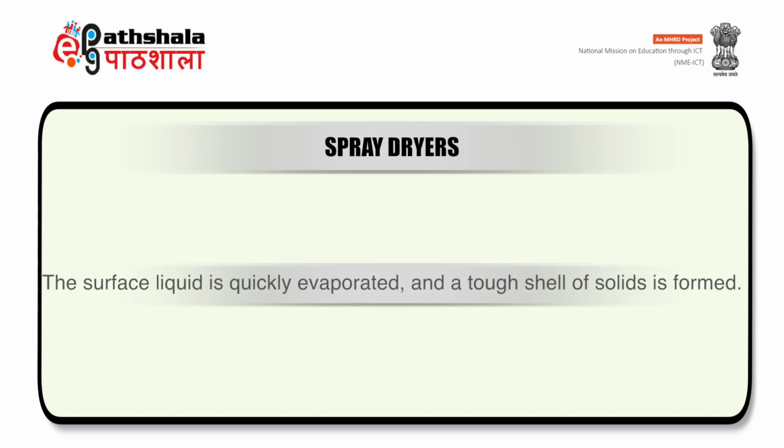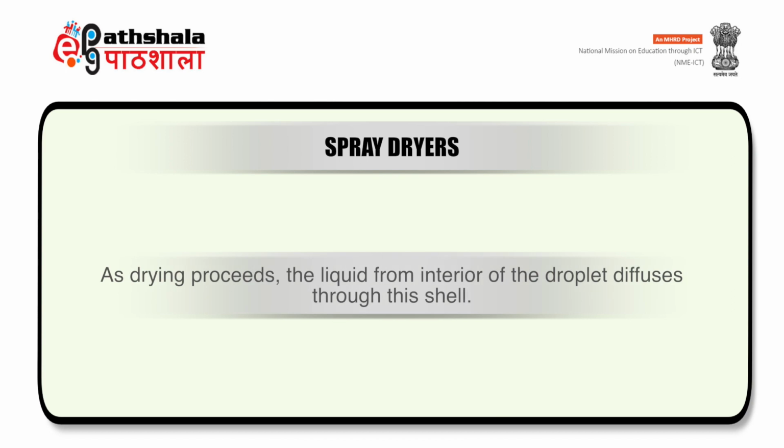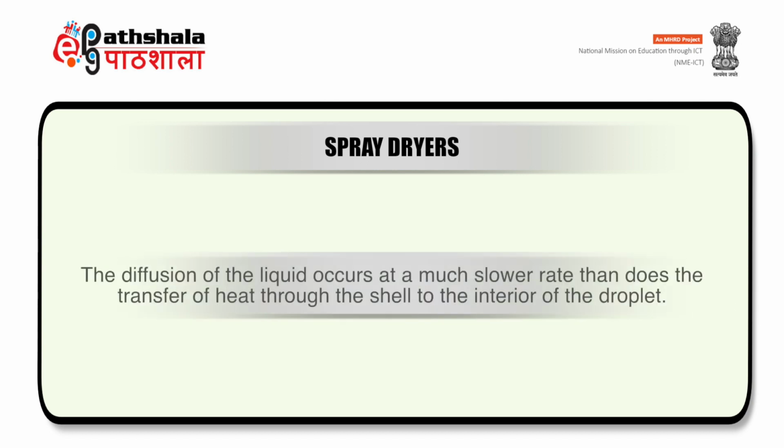The surface liquid is quickly evaporated and a tough shell of solid is formed. As drying proceeds, the liquid from the interior of the droplet diffuses through this shell. The diffusion of the liquid occurs at a much smaller rate than does the transfer of heat through the shell to the interior of the droplet.